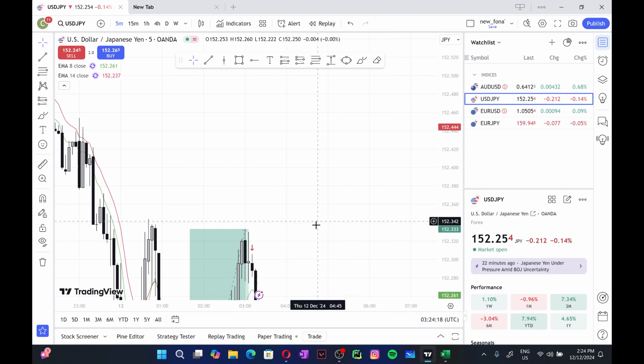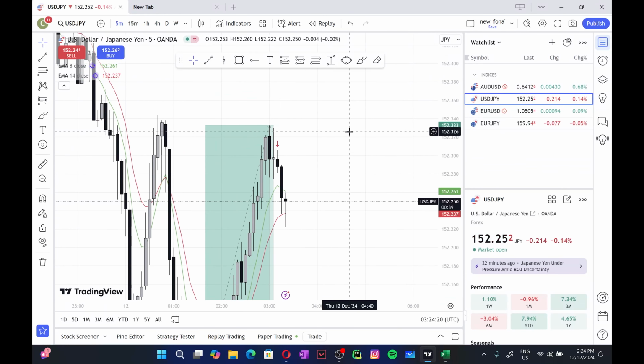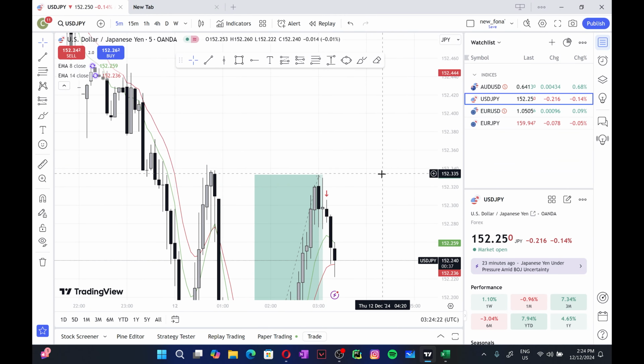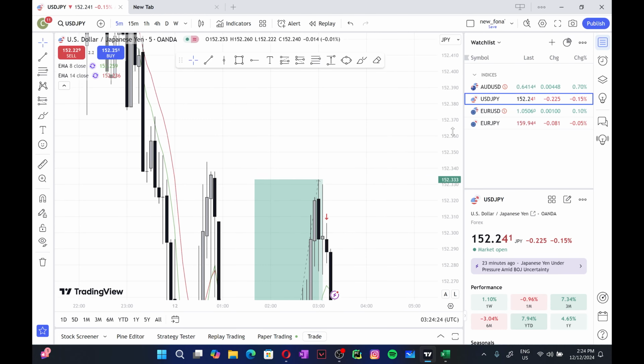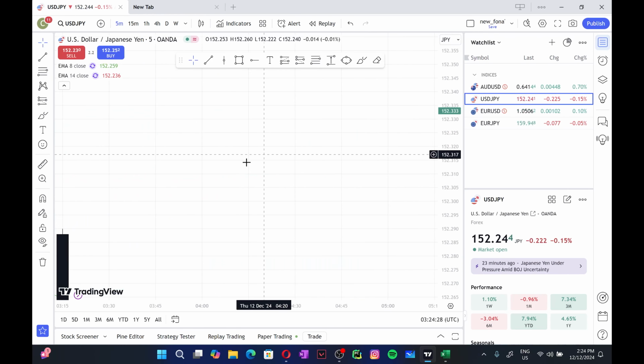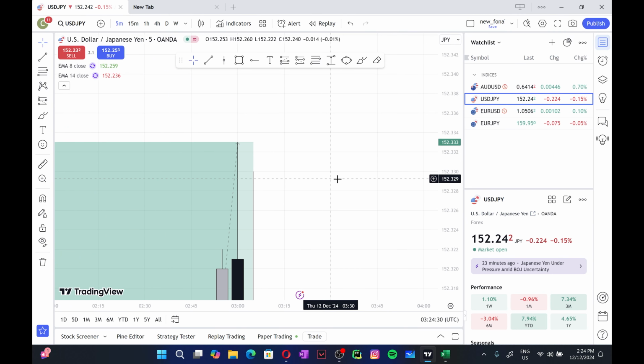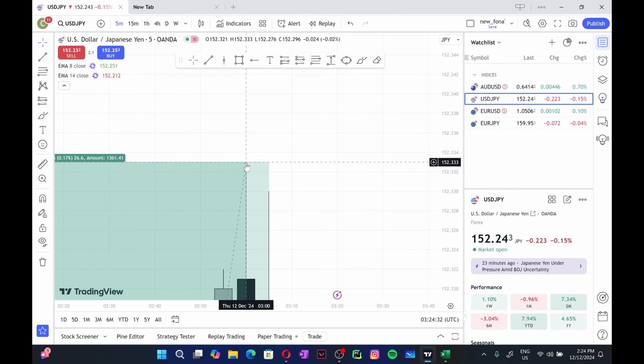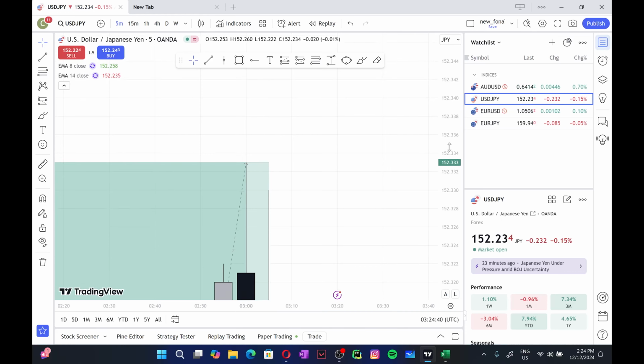You see the price has gone all the way to this level. It's so insane, that was my take profit, and the price was maybe 1.0001 pip below my take profit, because of which I didn't take the profit there.